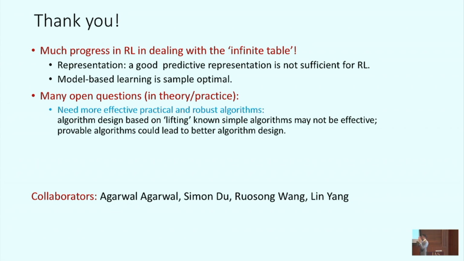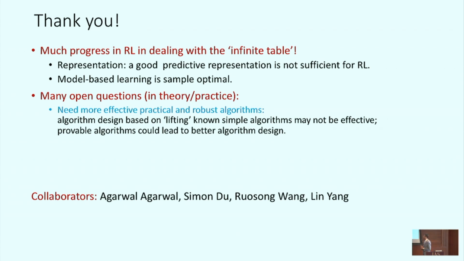Okay, so in a nutshell, look, we're clearly seeing a lot of progress in reinforcement learning and deep RL, which is how we deal with this infinite table. I discussed some of the representational issues, which perhaps gives a bit of new perspective into why we're making various assumptions to get generalization in RL. Also discussed some questions about model-based versus model-free learning and an open question, which, again, is really for theory people and probabilists, but I think it's a really great open question that would help in many other settings.